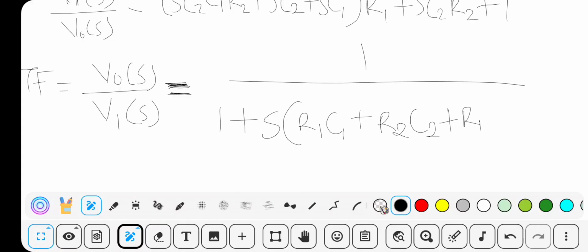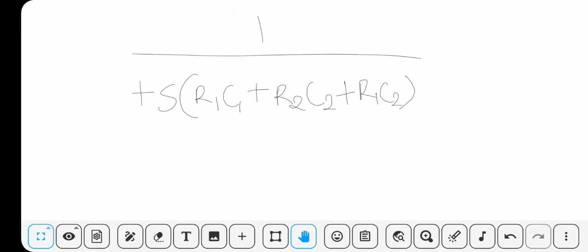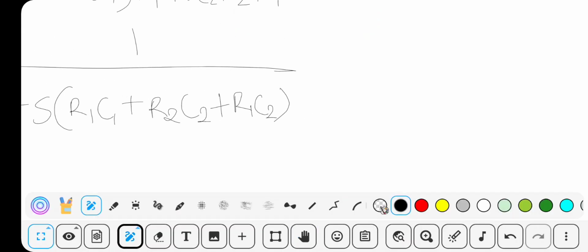Plus R1 C2 and plus S squared C2 C1 R2 R1. So this is the solution to this question.